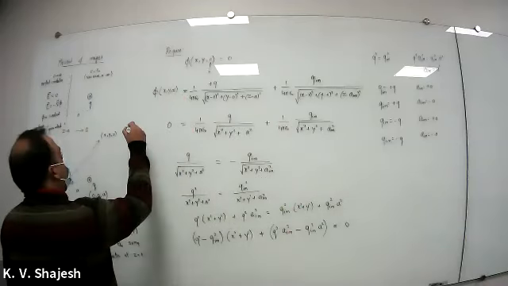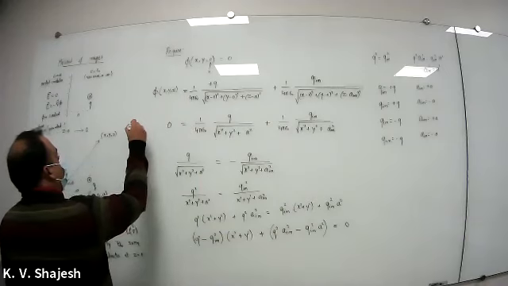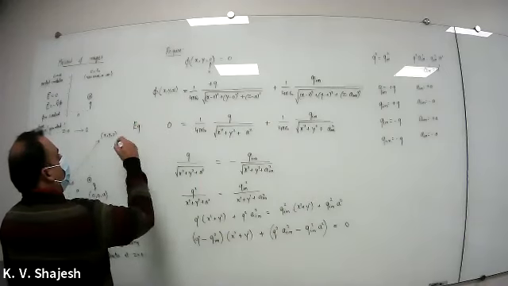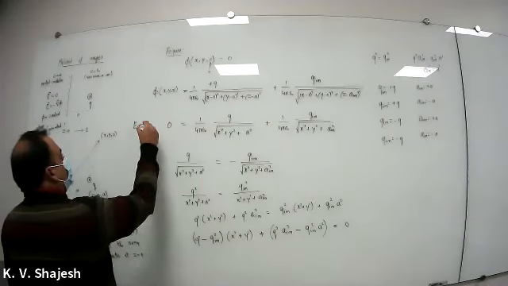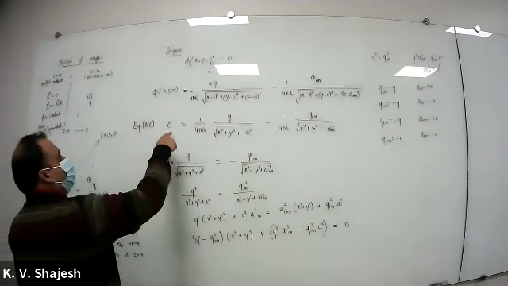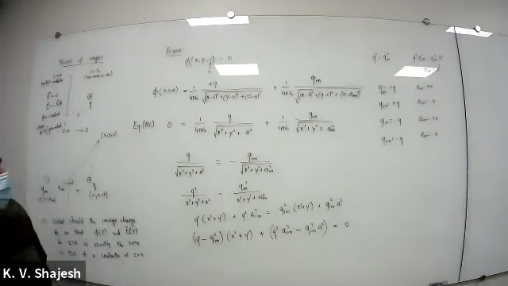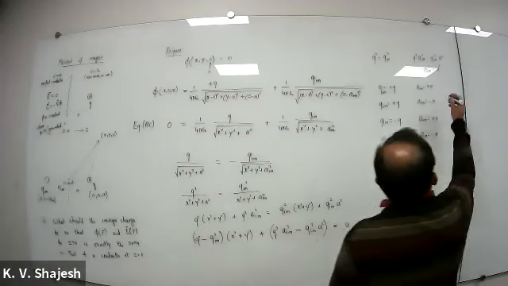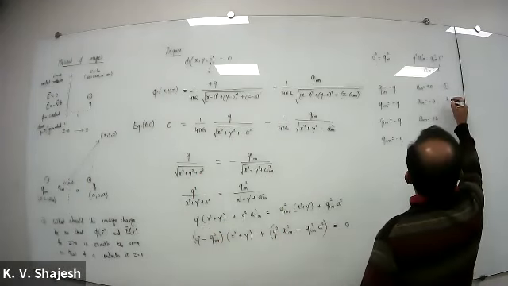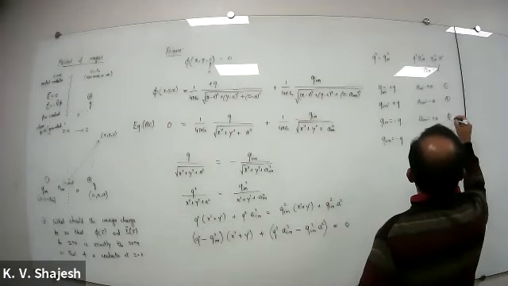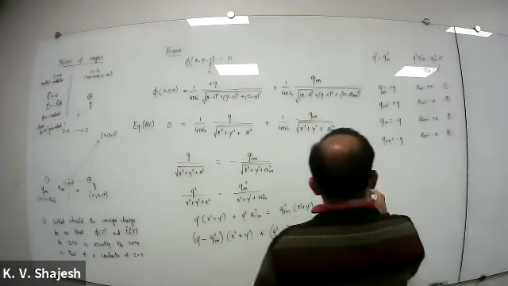So let's write the equation for the boundary condition. The boundary condition means that the electric potential has to be 0. So let me say this is case 1, case 2, case 3, case 4.